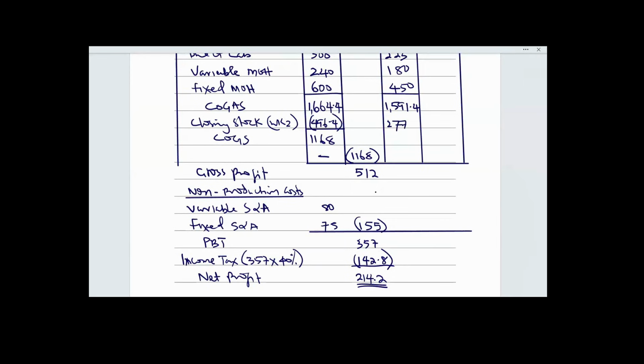Let me write it. 277.4. So minus 1591.4. What do you get? 1314.